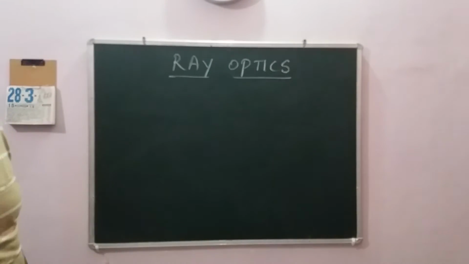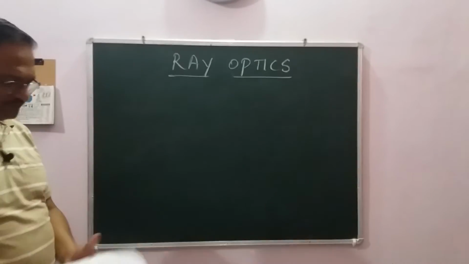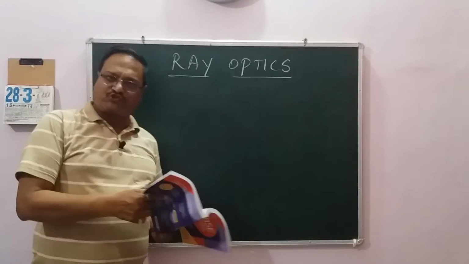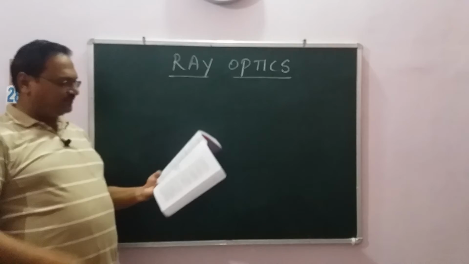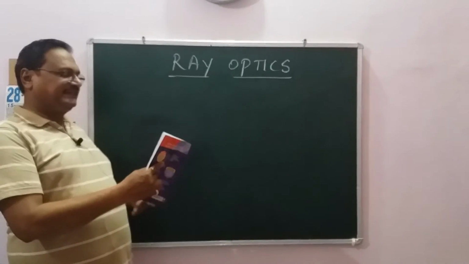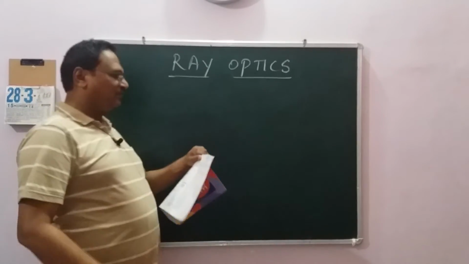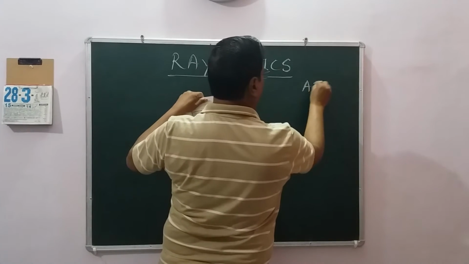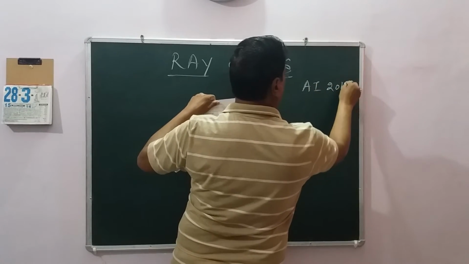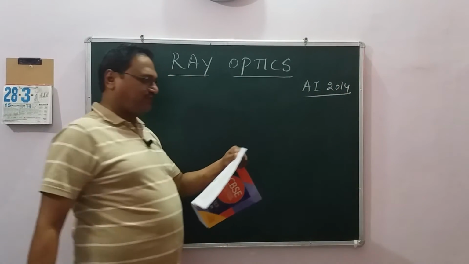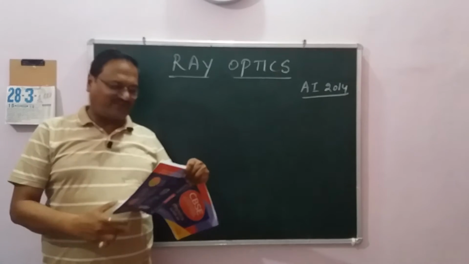Let me take a reference book. There are so many books, and I am using one of them. In this I have a question from All India 2014. Let us listen carefully.